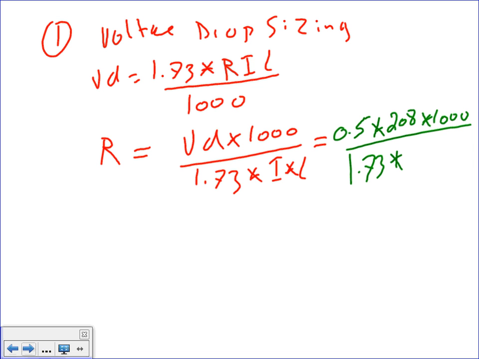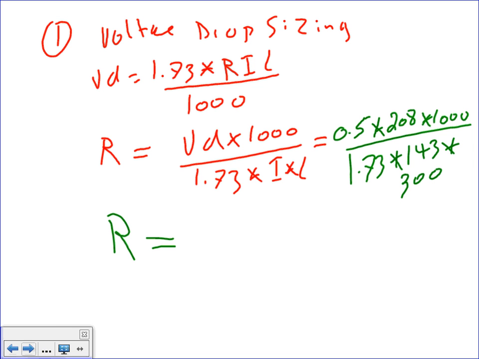We found the current, didn't we? Since we don't know the nameplate current, we're going to use the code current. What was it? 143, right? Times what's the distance? Was it 300? 300 times 300. And if you do your math, you get R. R is going to be small, so don't be scared if you get a decimal R.